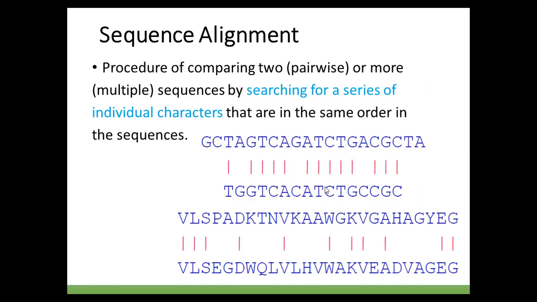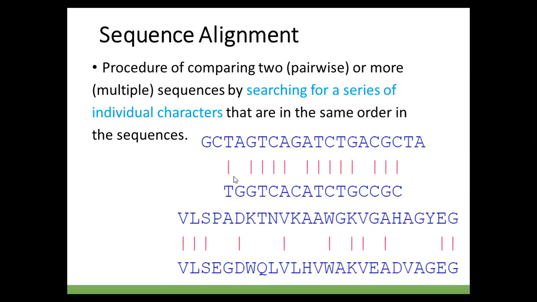If you compare two real sequences, we are trying to search for a series of individual characters that are in the same order in the sequences. You can see these two sequences are matched without gaps. Can you see any gaps here? No. So this is an introductory example where there are no gaps, and they have tried to match as much of the sequences as possible.